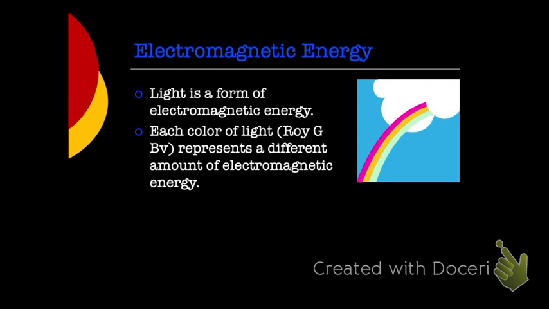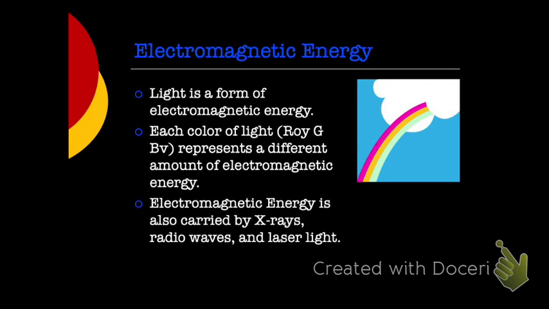Electromagnetic energy is also used in X-rays, radios, and laser type lights. So all of those are considered a broad spectrum of electromagnetic energy. It goes all the way from the electricity we use in our homes, all the way down to X-rays, radios, all that kind of stuff. So that's a broad spectrum there.